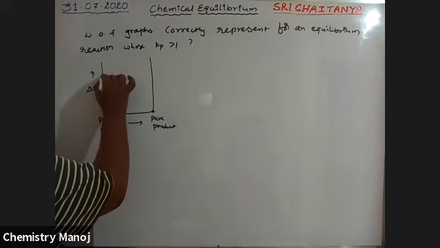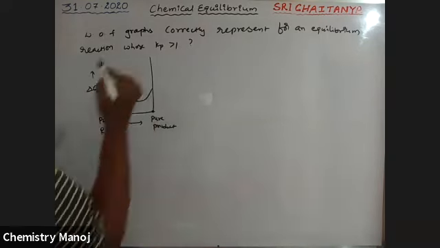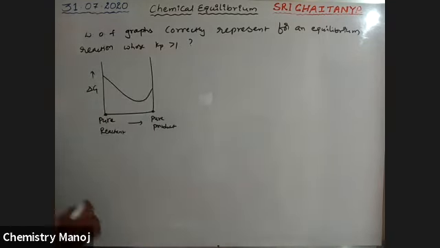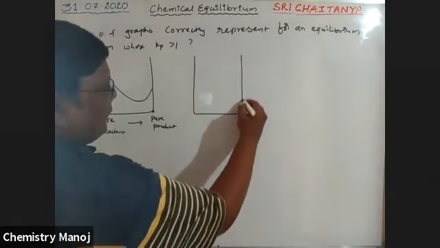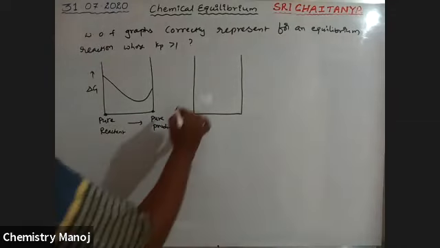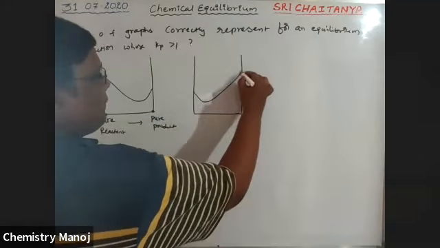Okay, the graph seems like this. One graph, another graph like this. The coordinate axes are the same, and another graph like this.